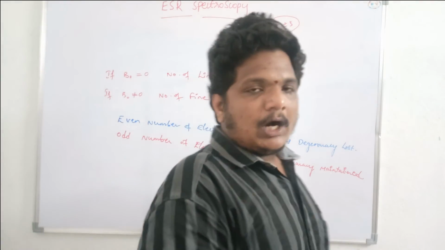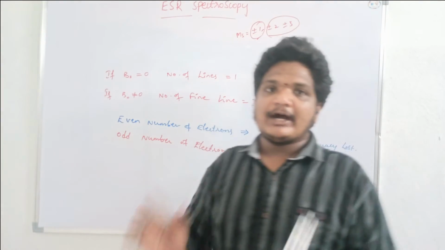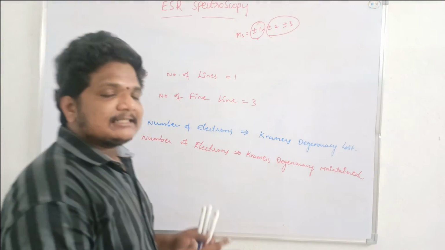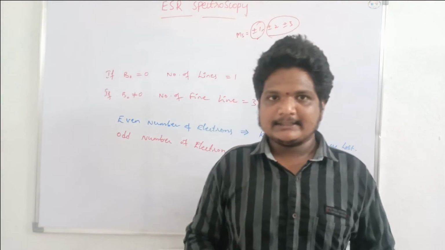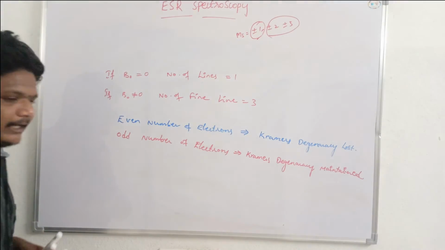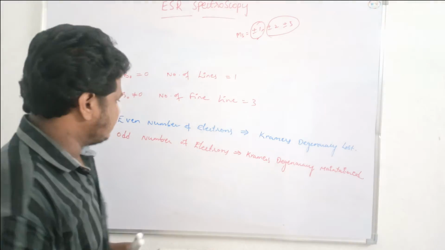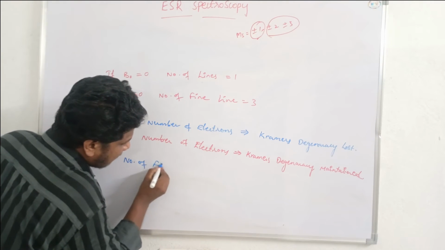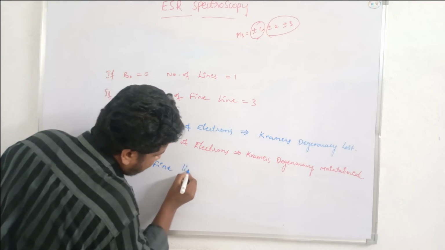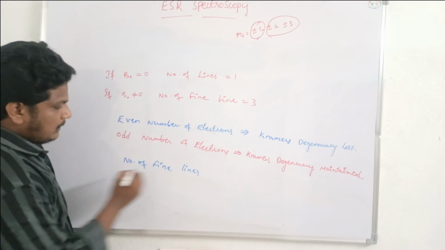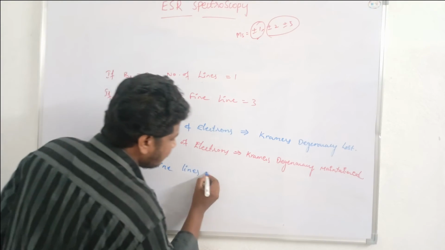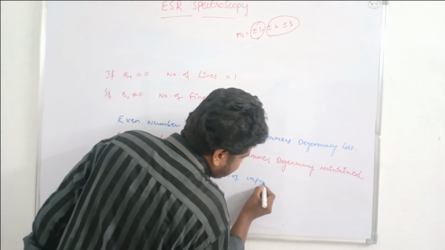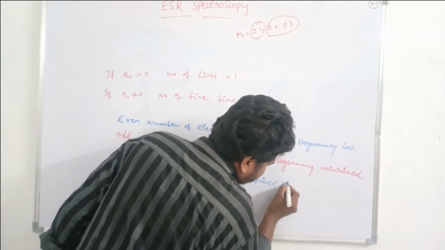Now let us see how to find the number of fine lines and the number of hyperfine lines in transition metal complexes. The number of fine lines is equal to the number of unpaired electrons.